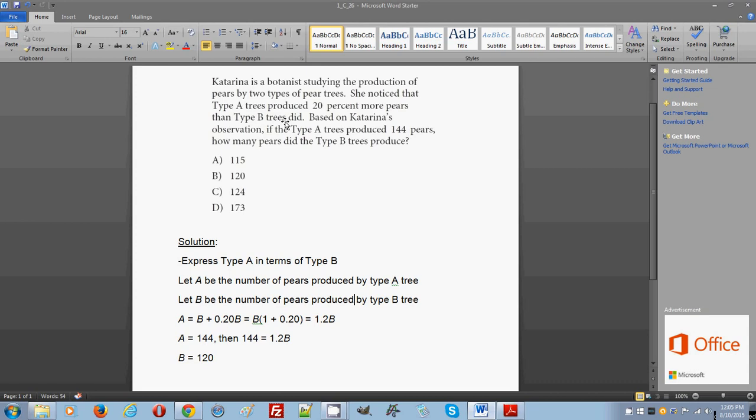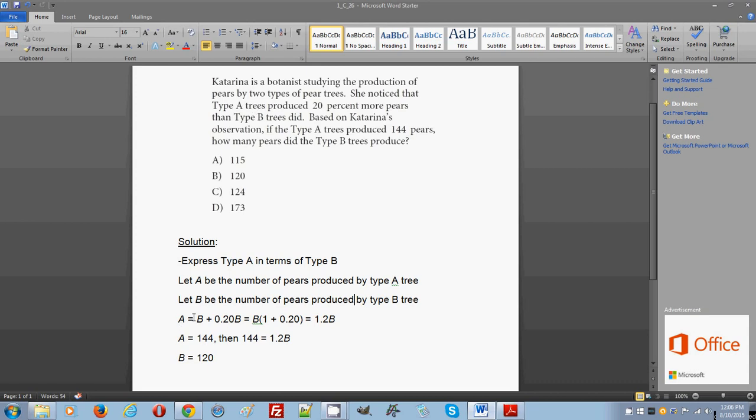And so altogether, 1 plus 1/5, 6/5, right? 6/5 of the number of pears that type B trees produce is the number of pears that type A trees produce. Okay?